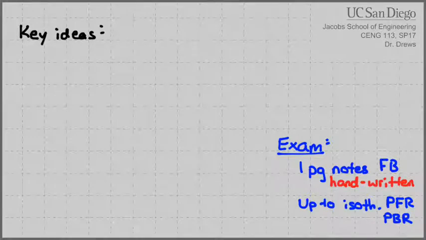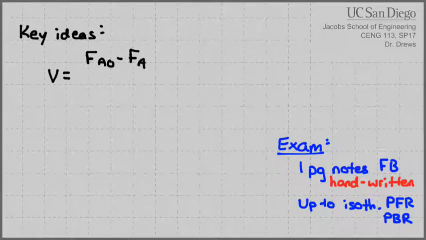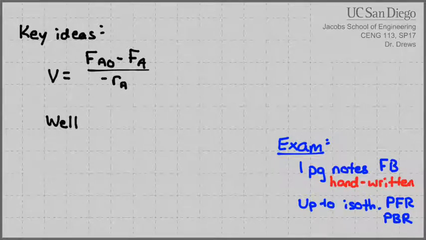One of them is an equation. So if we have something like a volume, we're going to find out that this is pretty simply related to some flow rates as something like this. The other thing that we're going to introduce is a new term that we haven't heard before because we've never needed it. So the new term is the well-stirred approximation.